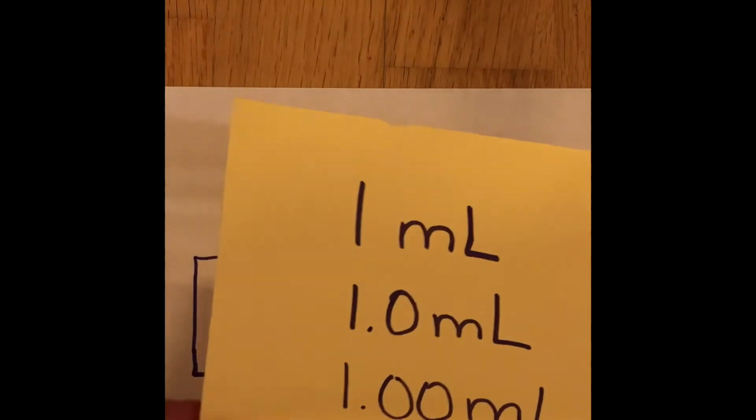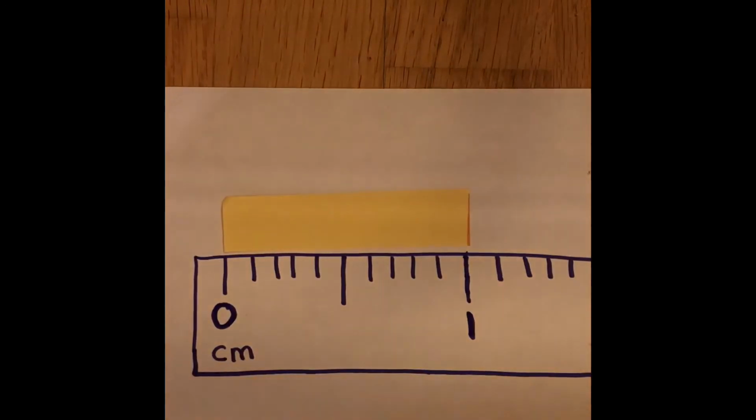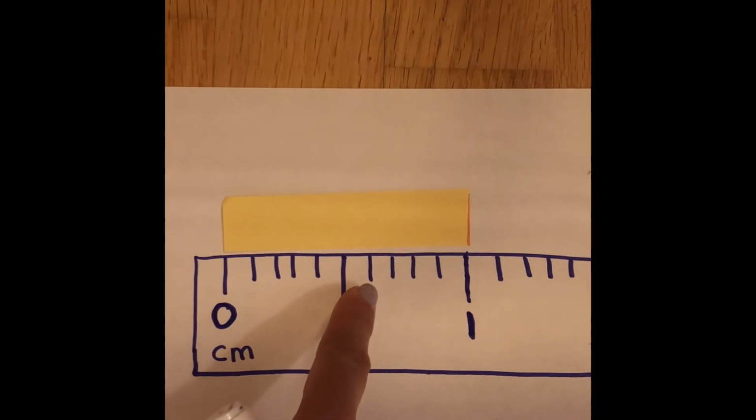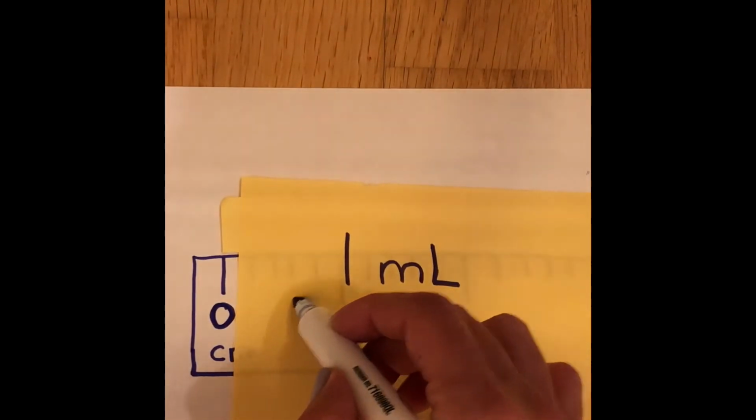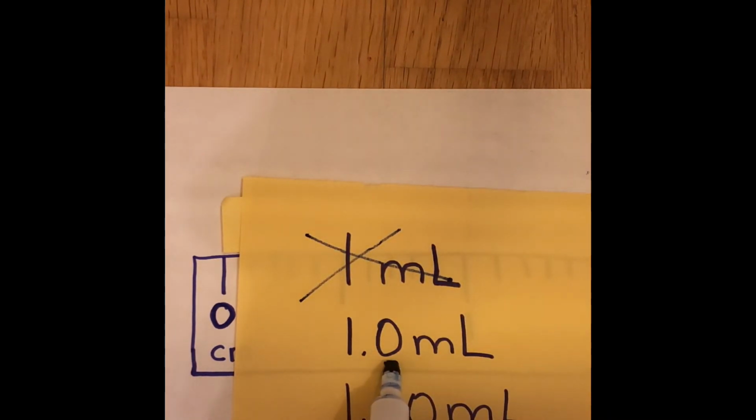Well, remember, if you've been listening, then you know that the rule is you get to have one place beyond what your scale is. So I look at my increments again, and I say that this goes up right in the 10th place. So we know that this does not even show us the 10th place. This one shows us a 10th place, which is great, but remember, you get to have one beyond what your scale goes up by.